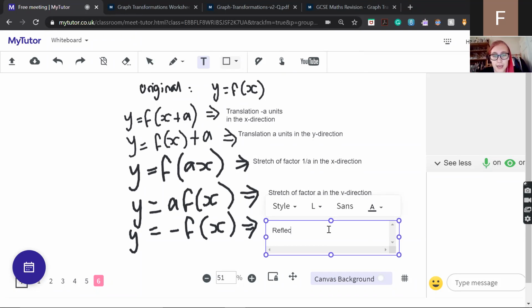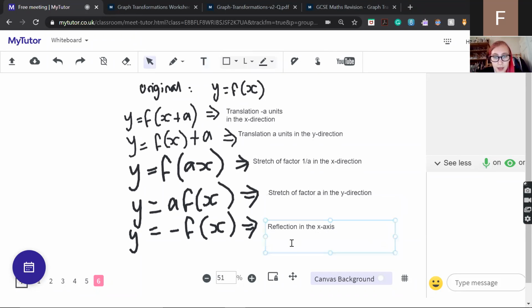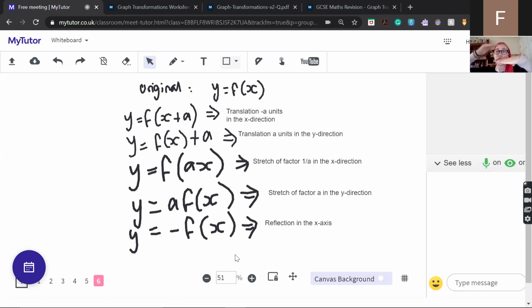It's actually a bit easier to think about, because what we're saying is that y is minus whatever you would normally get. So our y value is negative. If y is 2, it becomes minus 2. If y is 5, it becomes minus 5. And if y is minus 2, it becomes plus 2. So you can see that that is a reflection in that axis.